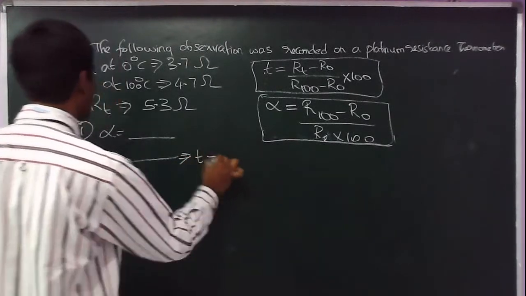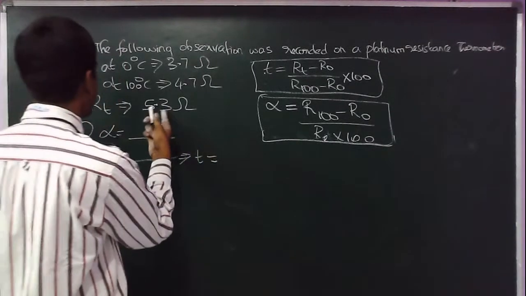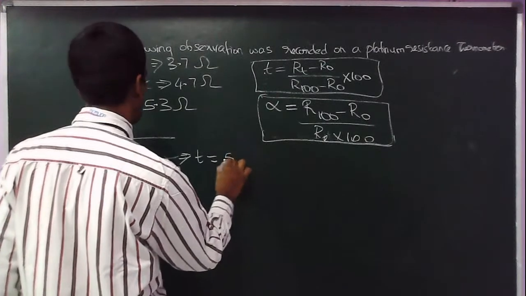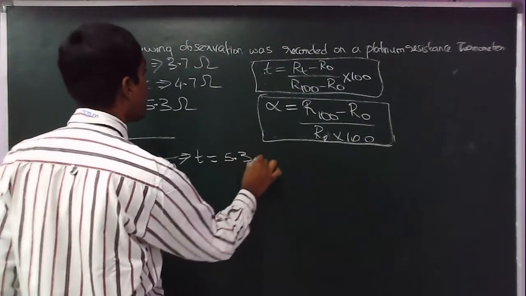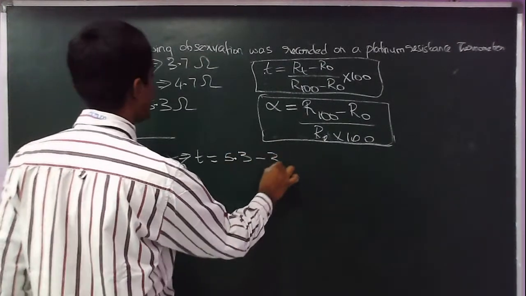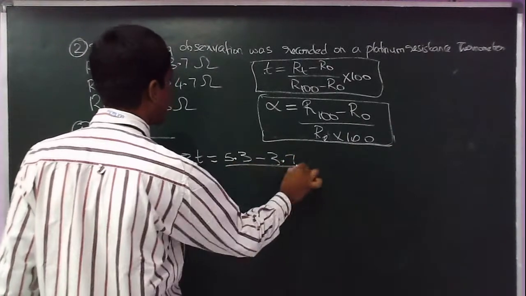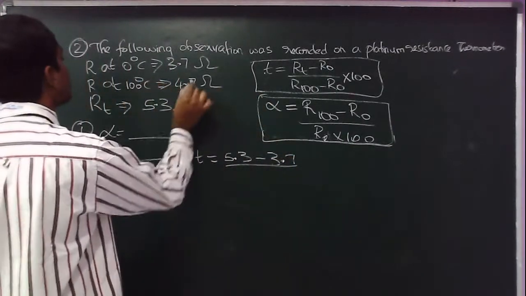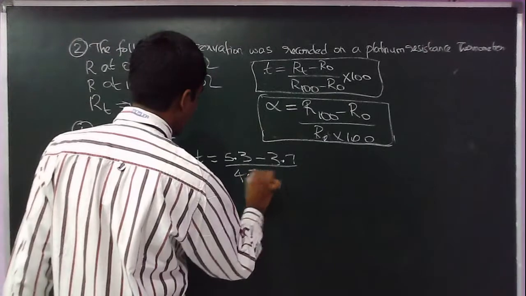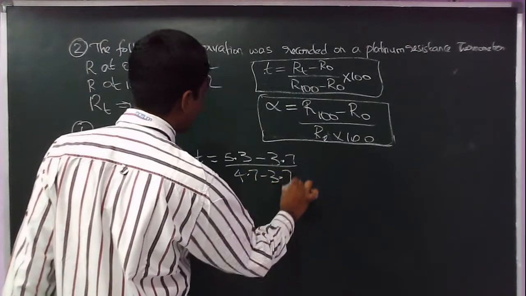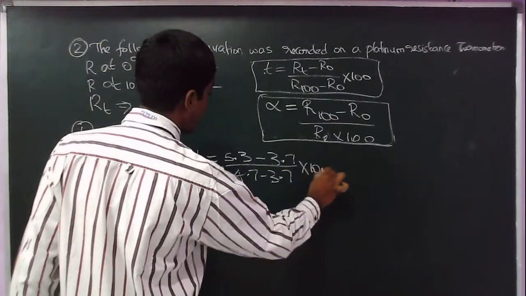T is equal to, here RT is 5.3 minus 3.7 upon R100 which is 4.7 minus 3.7 into 100.